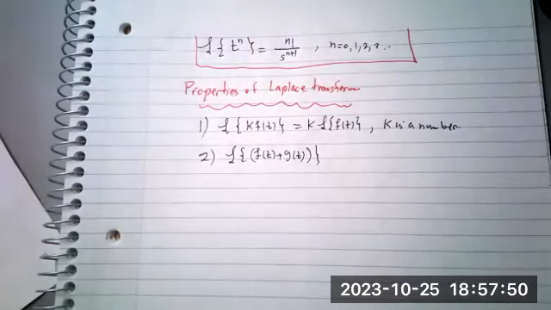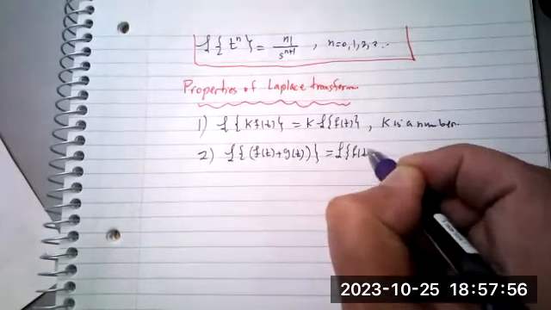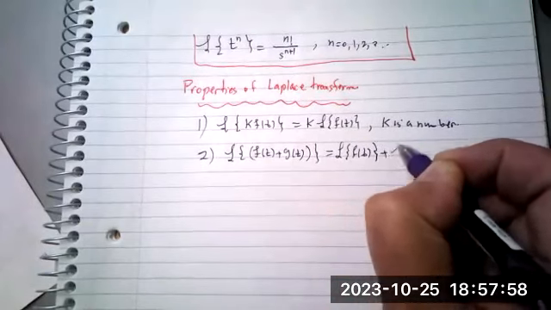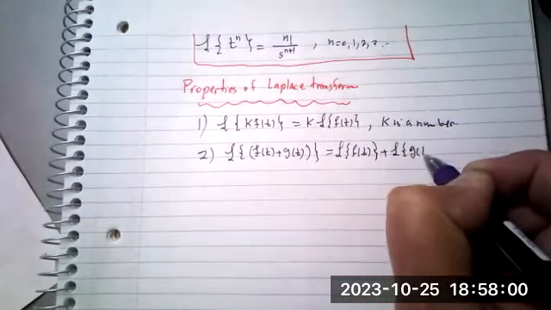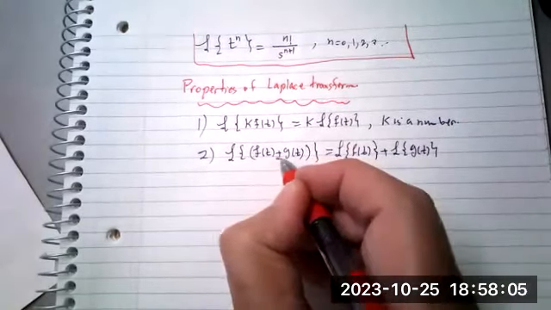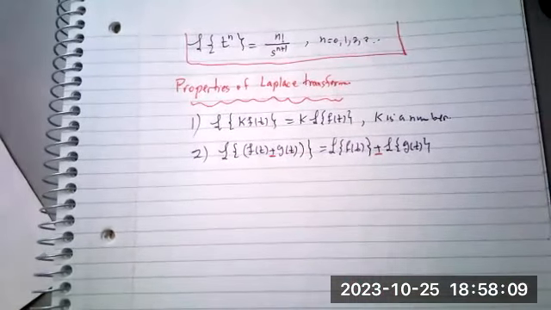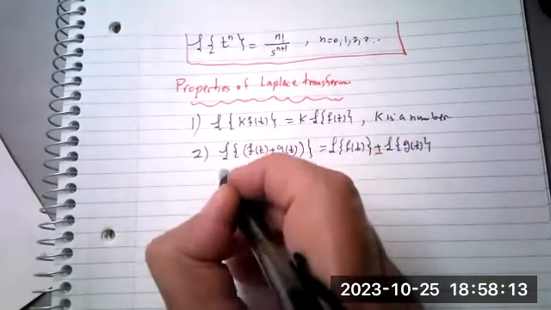It's going to be the integral of the first one plus the integral of the second one. So it's going to be the Laplace transform of the first function plus the Laplace transform of the second function. And it's the same for addition and for subtraction.